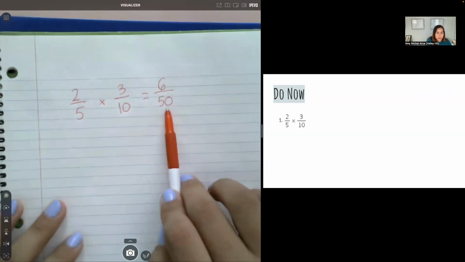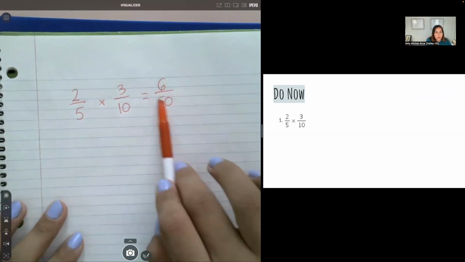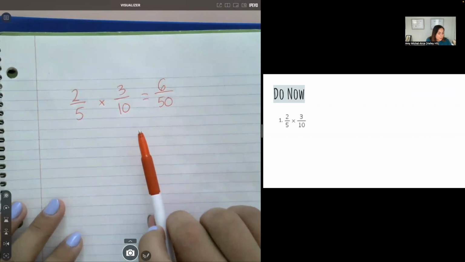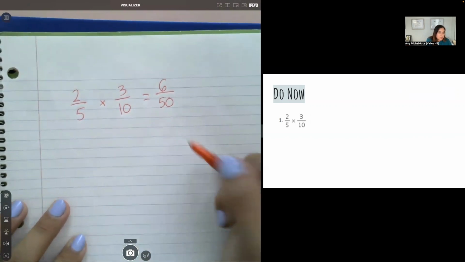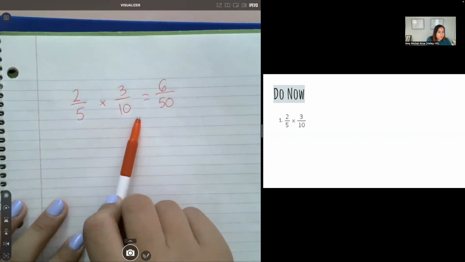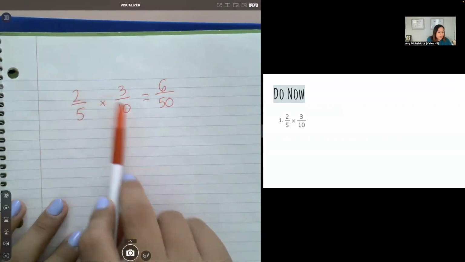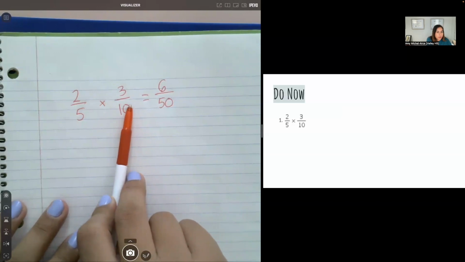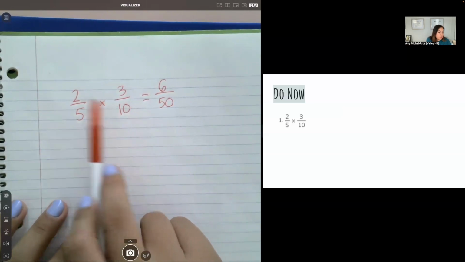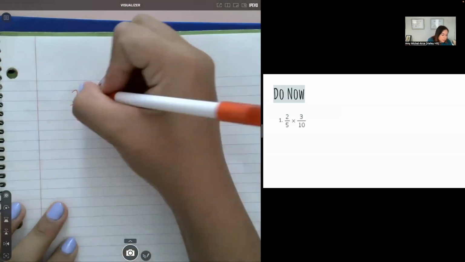These are both even numbers. You can start dividing out numbers from those. But there's something we can do before starting to multiply these out. 2, the numerator of one fraction, and 10, the denominator of the other fraction, have the factor of 2 in common. They both can be divided by 2.